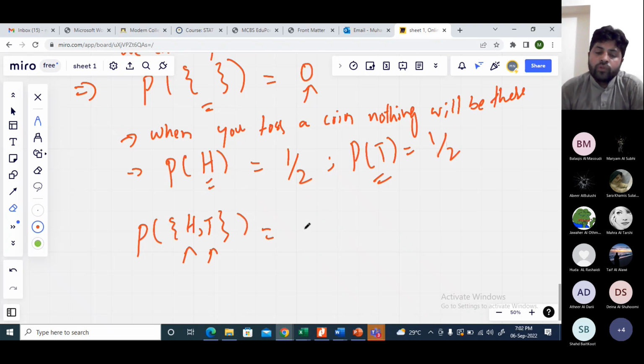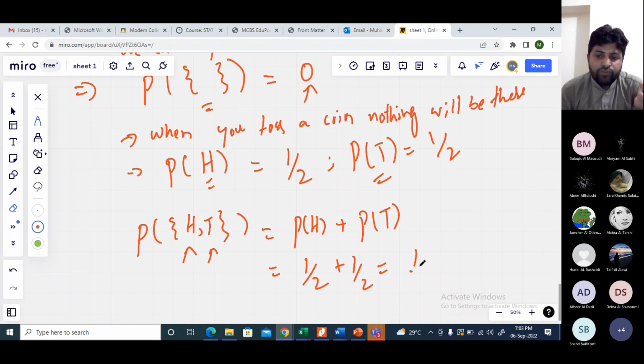What we are going to do, we are going to use the addition method. We take the probability of head plus the probability of tail, and adding these two, we get 1.